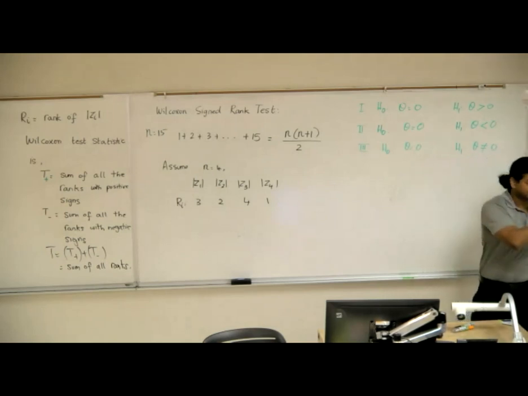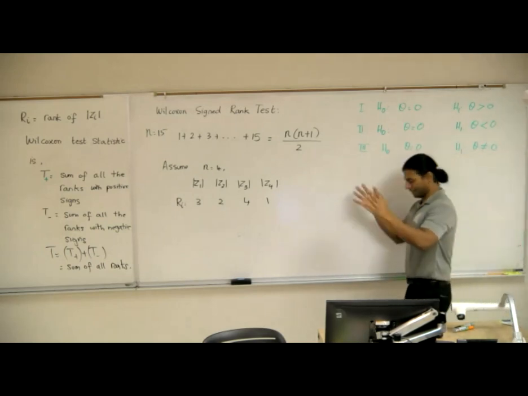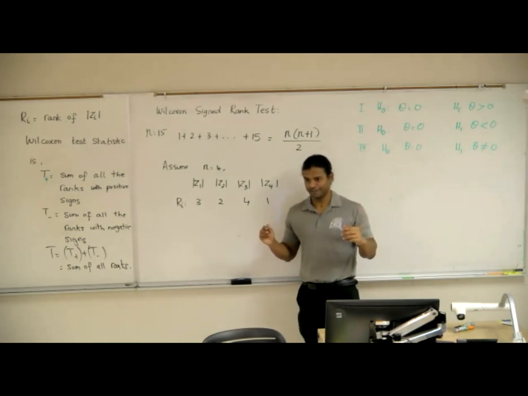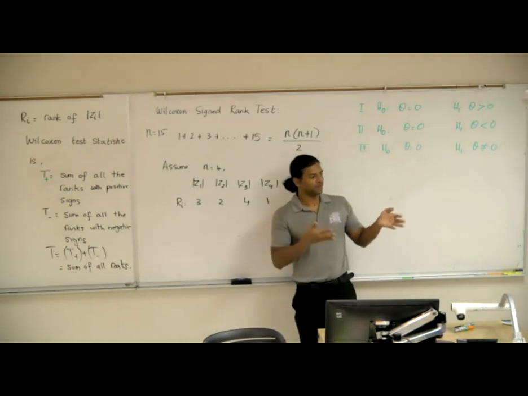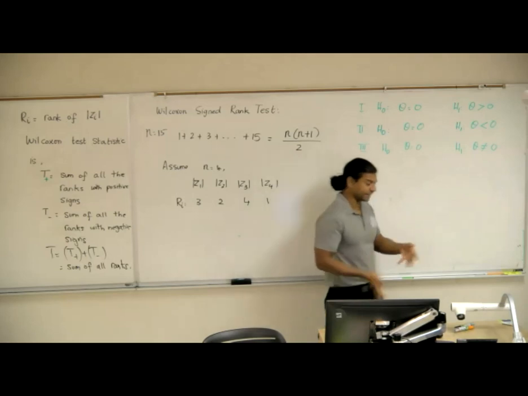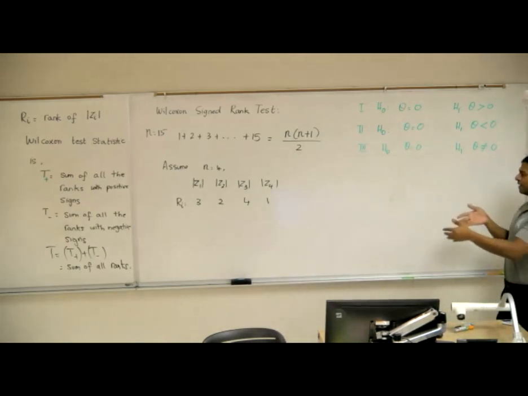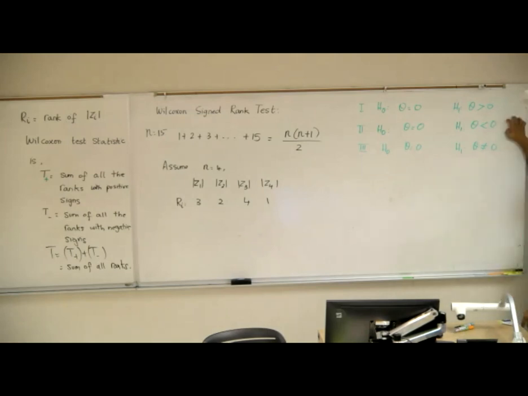The more positive signs you get, the better it is going to be. But once again, just because you have more positive signs doesn't mean it's effective, right? We have to determine significance. So in that scenario, a test to perform would be a right tail test. So more and more to the right.